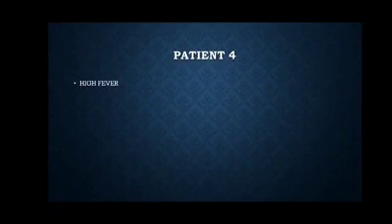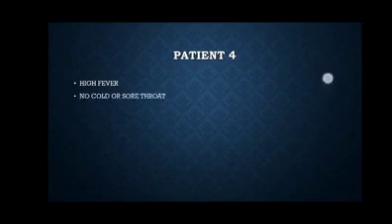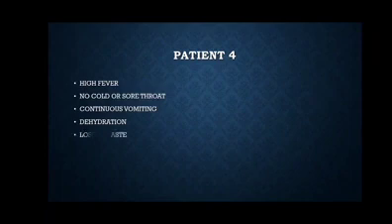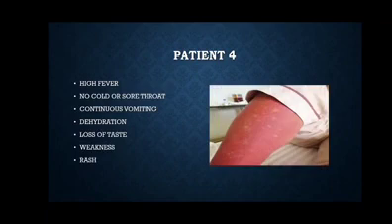The fourth case study of a patient says that the patient had high fever for 2 days along with continuous vomiting causing dehydration, loss of taste after having fever, severe weakness and rash. Such a rash is caused when there is a low platelet count in the body.